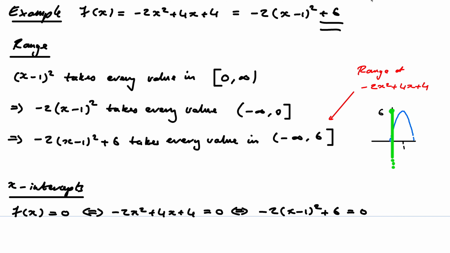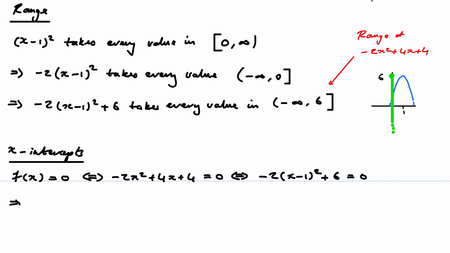But now this is a relatively easy piece of algebra to untangle. Let's go through it incredibly carefully. Let's take away 6 from both sides. So minus 2 times (x minus 1) squared is equal to minus 6. Divide through by minus 2. (x minus 1) squared is equal to minus 6 divided by minus 2, which of course is equal to 3.